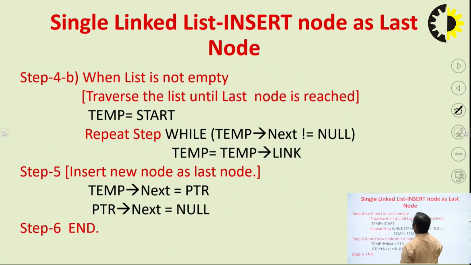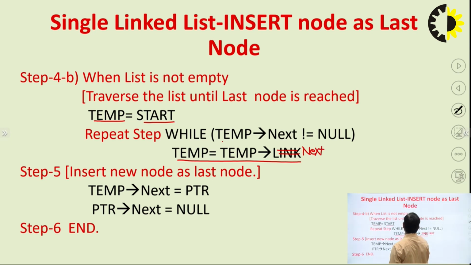Now, when the list is not empty, we have to traverse. In that case, we have taken a temporary pointer. That temporary pointer will contain the address of the first node, that means start. Now we have to update it, temp equals to temp arrow next.